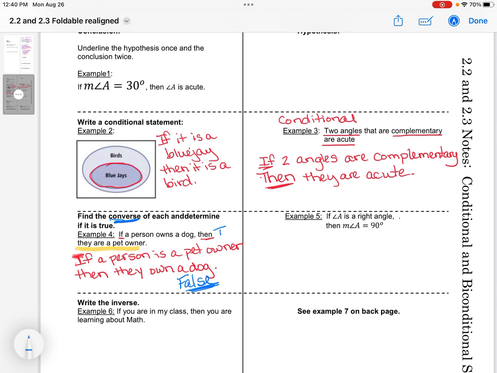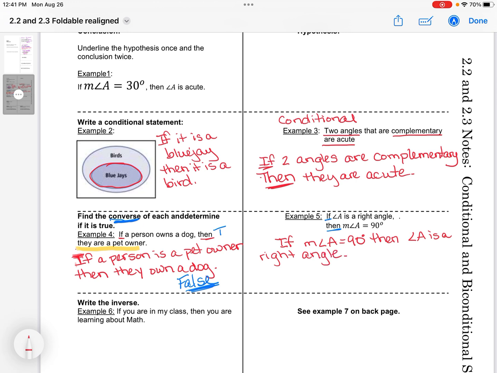Okay, so let's look at example 5. If angle A is a right angle, then angle A measures 90 degrees. So if we're going to turn it around, if the measure of angle A is 90 degrees, then angle A is a right angle.